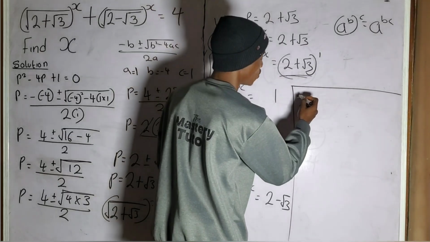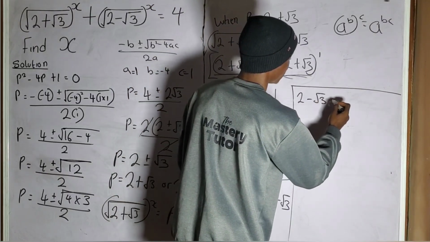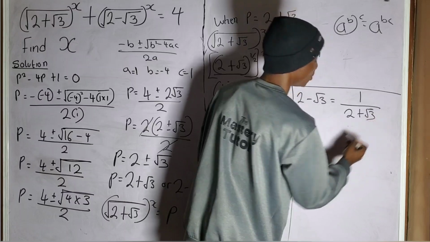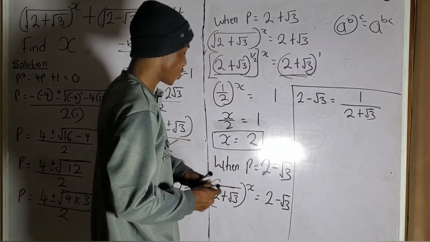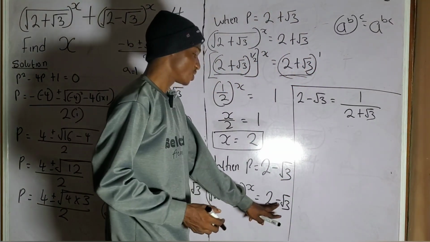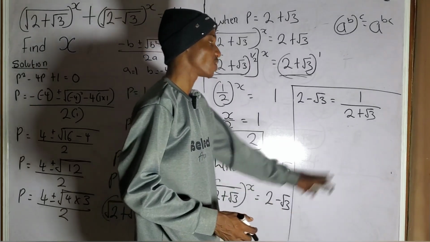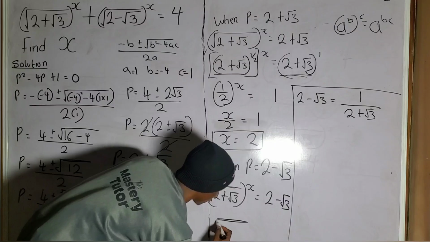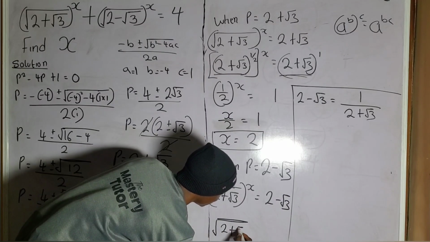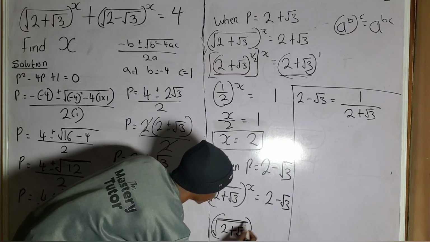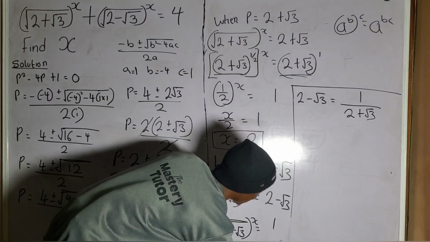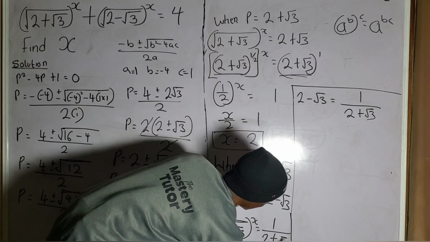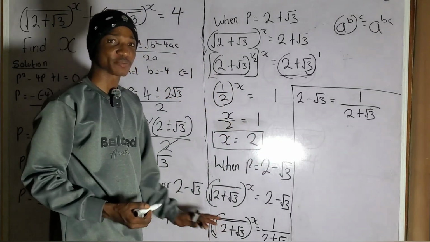Don't forget that 2 minus root 3 is equal to 1 over 2 plus root 3. Do you remember? Okay, so I'm going to replace 2 minus root 3 as what? 1 over 2 plus root 3. So I'm going to have square root of 2 plus root 3 raised to the power of x is equal to 1 over 2 plus root 3. Okay, please pay attention, it's simple.